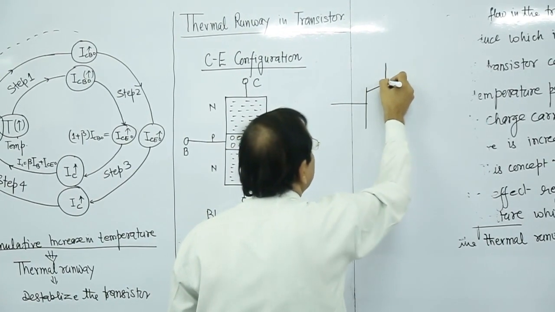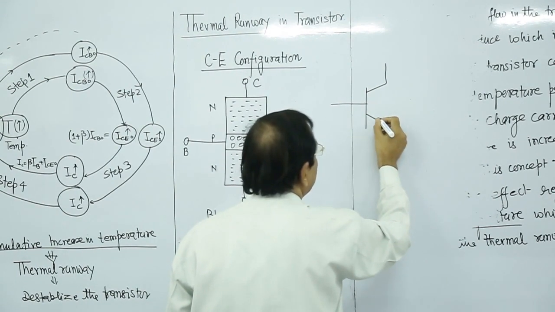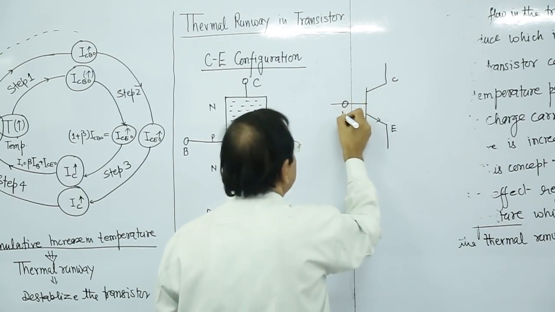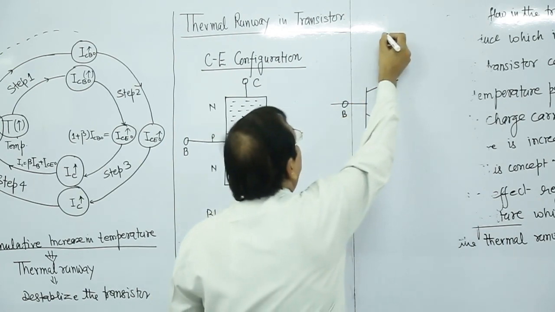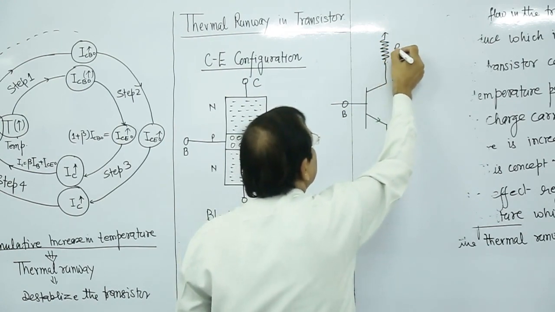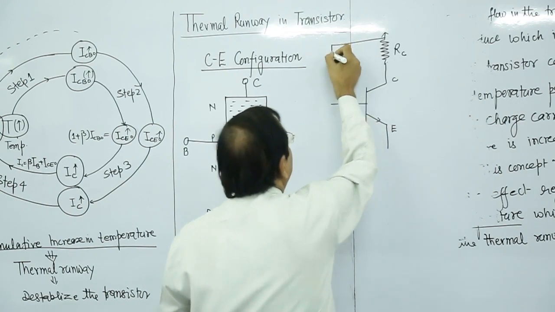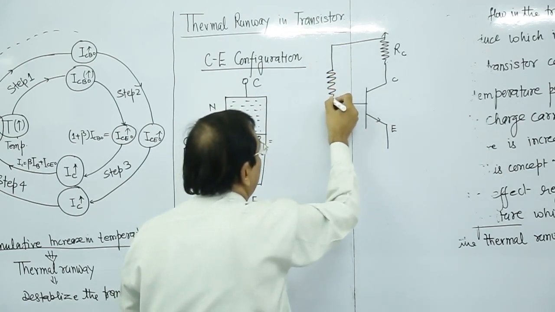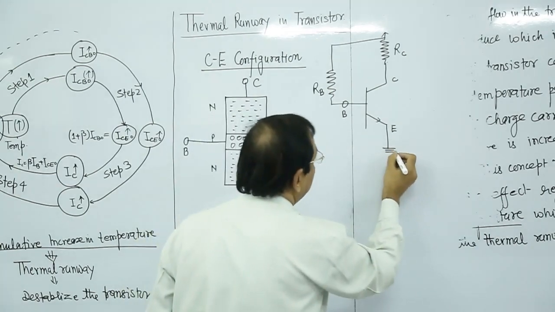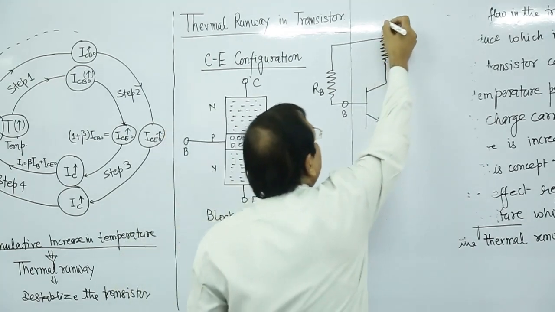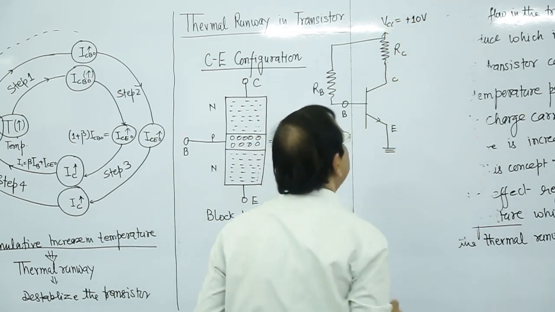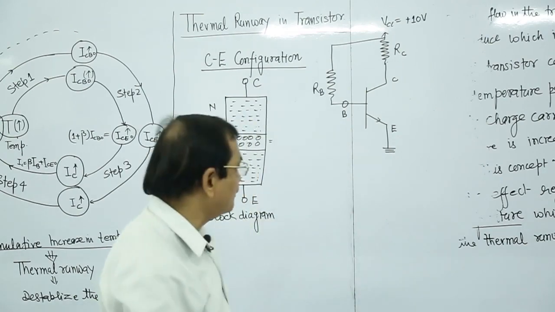Here it is collector, this is emitter, and this is base. Now we supply, this is RC, and here it is resistance RB, and this is grounded. And here it is VCC, say 10 volt. VCC is the 10 volt we have to supply.